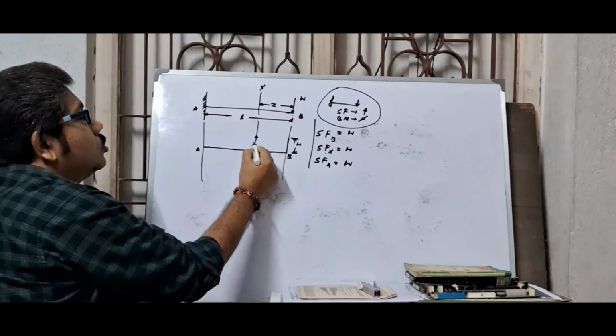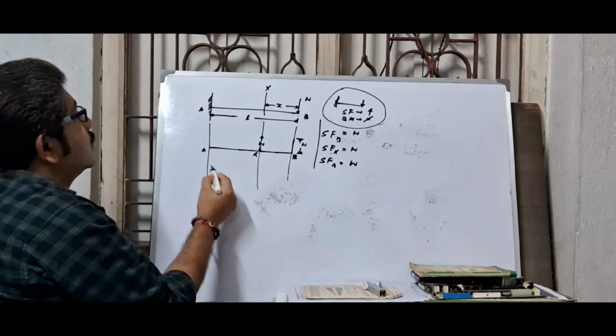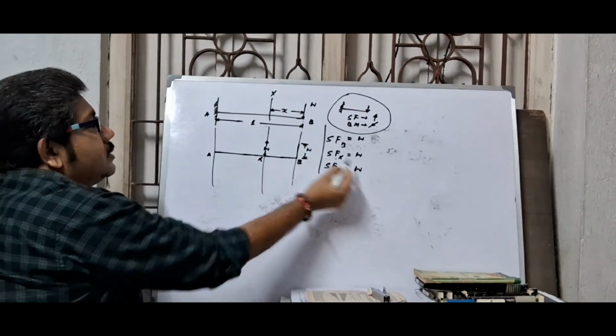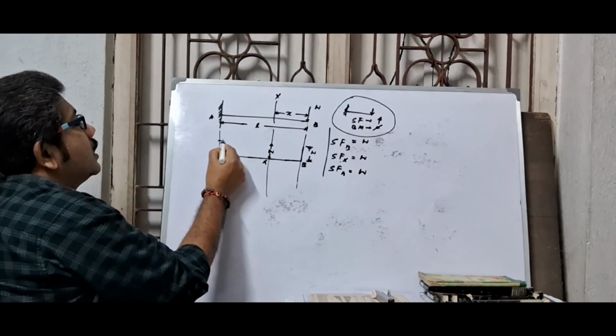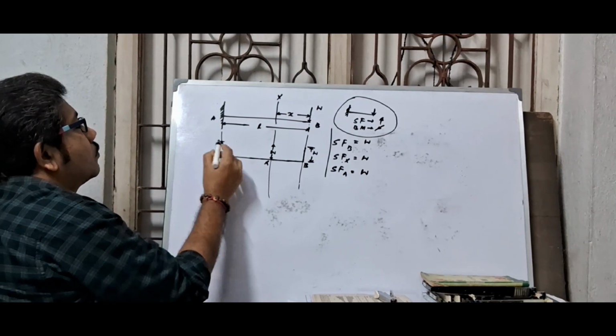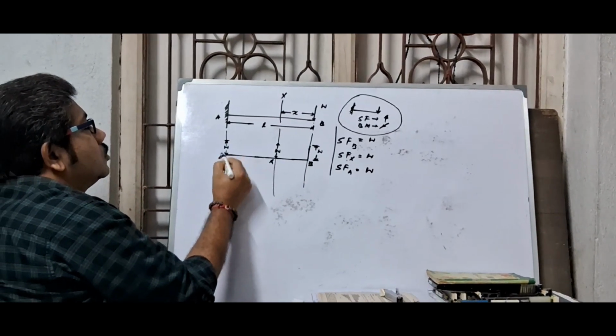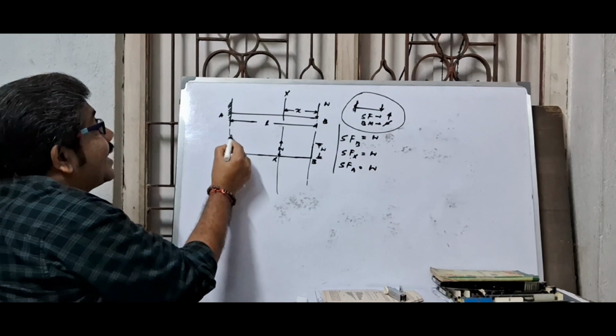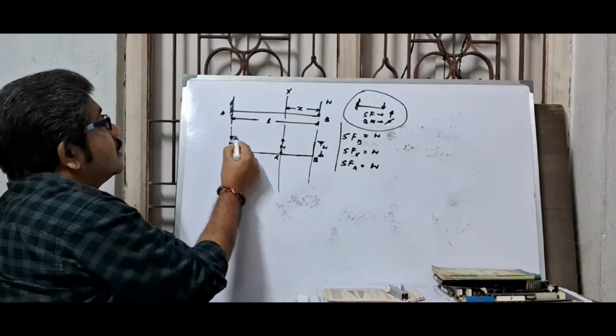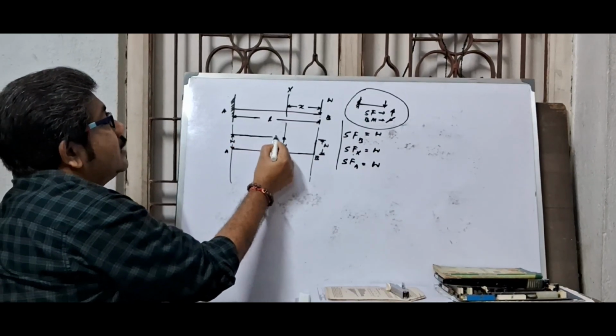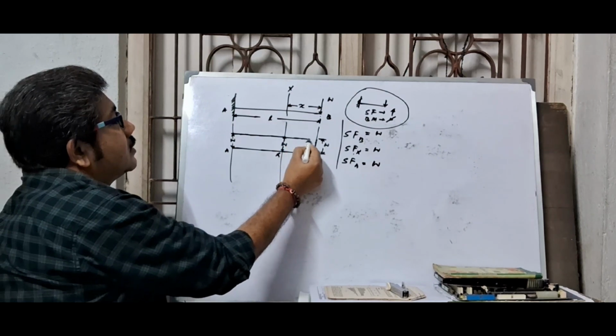So here also it is W, and at the fixed end this is W. So if you connect these points, you will get a straight line.